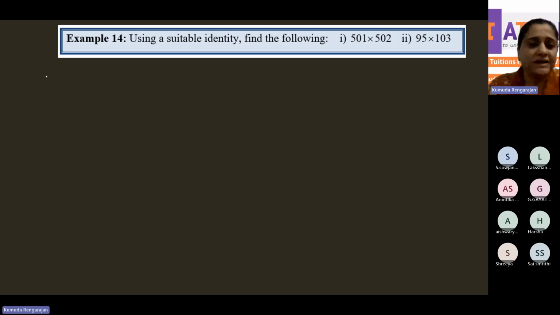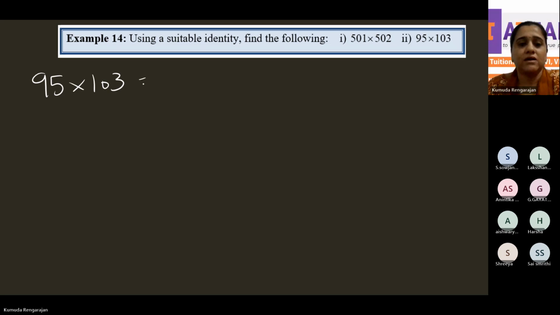The next one is 95 into 103. Now you can rewrite 95 and 103 using the number 100, because 100 comes, not exactly in the middle, but it's between. It's not equidistant, but it comes between 95 and 103.